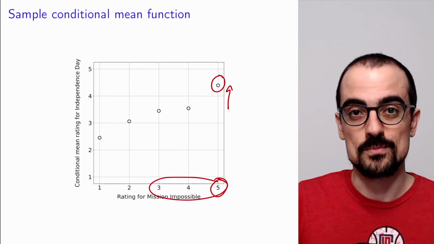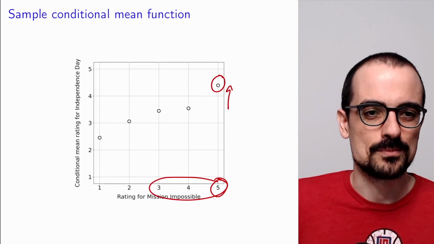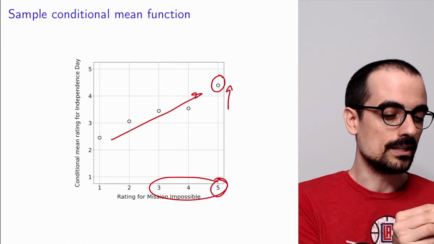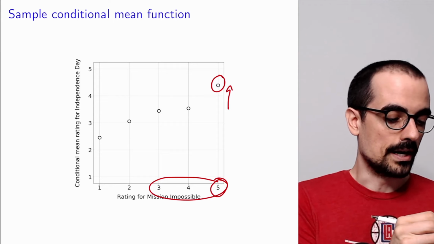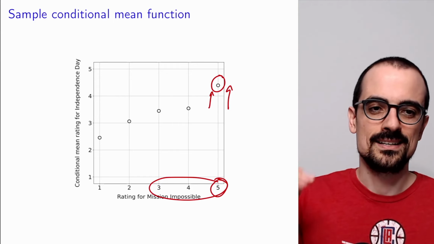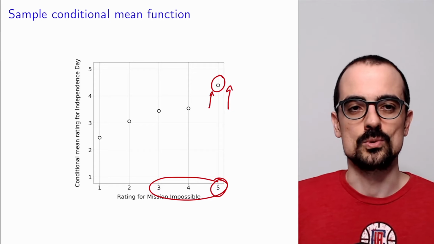Whenever they're a bit happy with the movie, they give a 5. But of course, this is just my interpretation. Notice that in general, there's a linear trend, but there is this non-linearity here where suddenly this jumps quite a bit. So as I was talking about, it seems that the rating is particularly high on average for people that gave 5s to Mission Impossible.